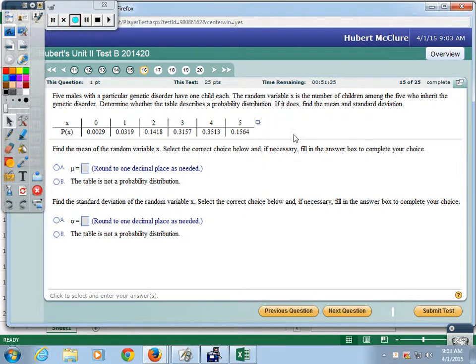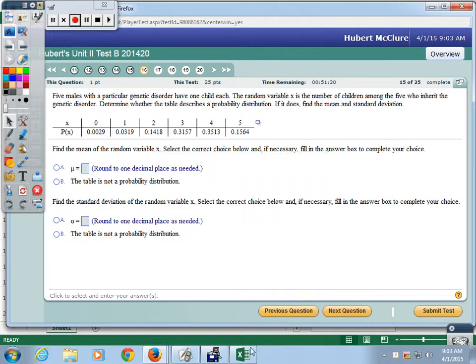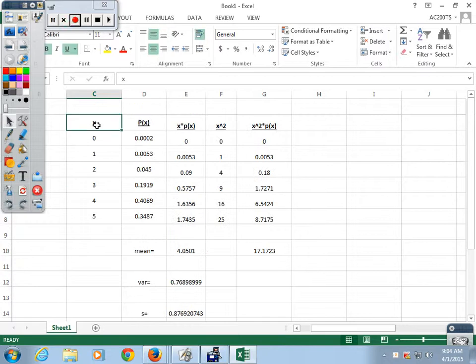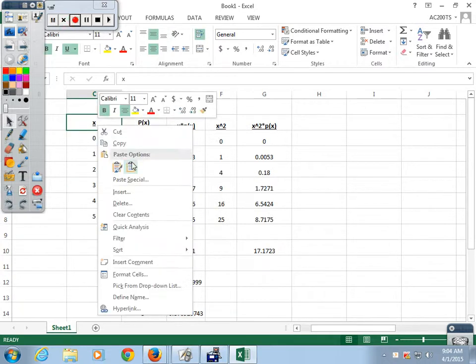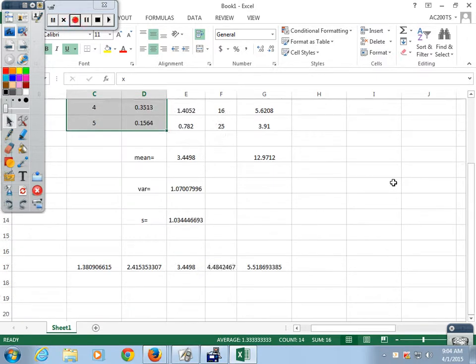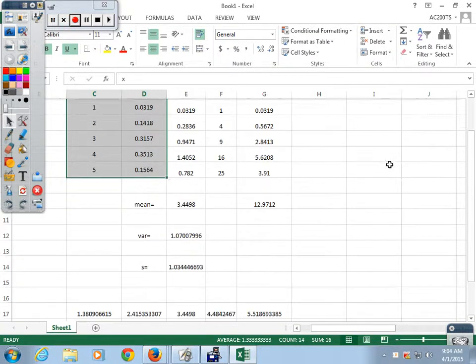Okay, find your mean and standard deviation. Let me go ahead and get it in the Excel spreadsheet so y'all can see it and you won't have to. I wonder if I can just put it right here. I don't know if it's going to match up or not. Yep, I'm done. Y'all done? Oh, I'm sorry. I got to punch it in the calculator. I'm being a smart aleck.